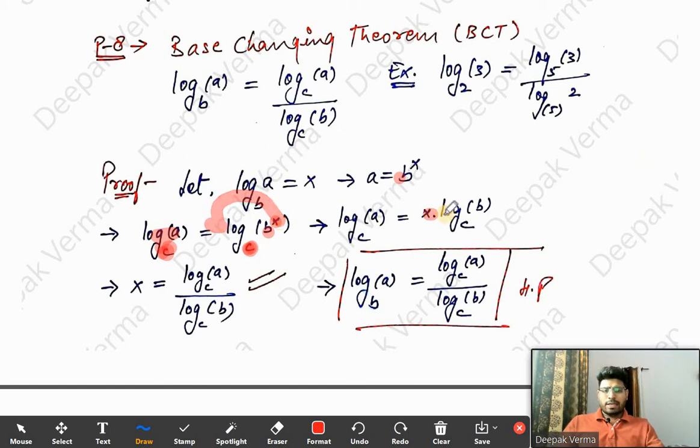So we can write x into log b base c. Got it? So x equals log a over log b with base c here, c here. Is it clear? And x is what? x is log a base b. Put it back, log a base b. So hence proved, this is our base changing theorem. Keep it in mind. This is very important.